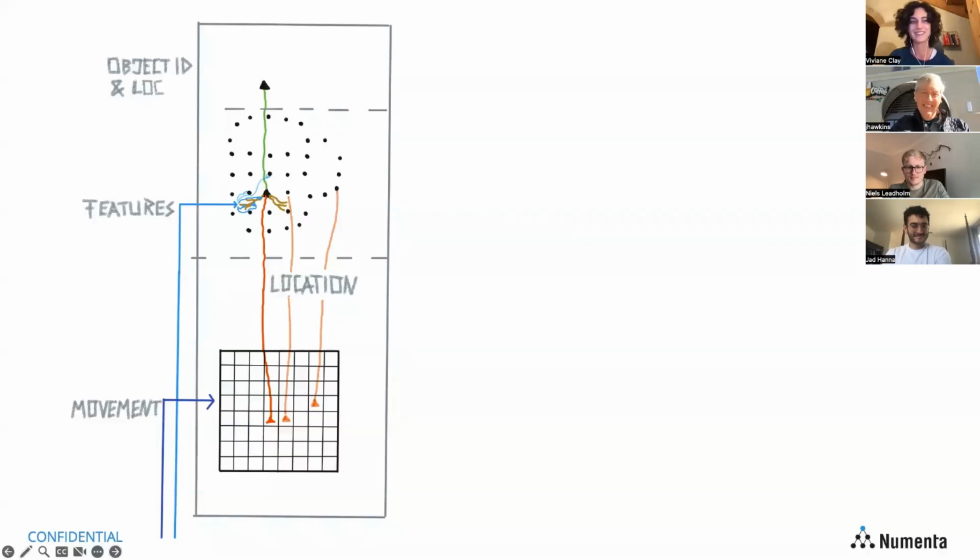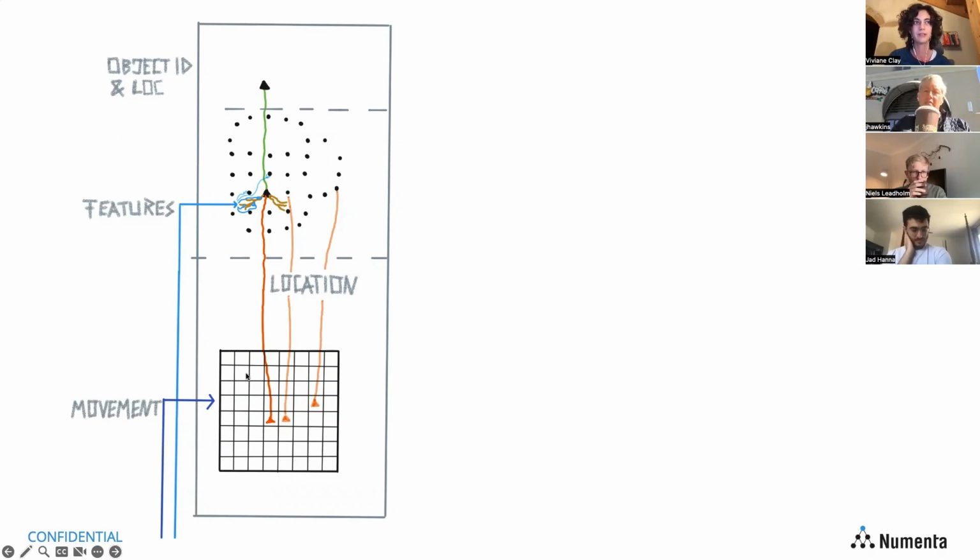Okay, I can show really briefly what I was thinking. This will also map onto the drawing I'm going to show next with the object models and having these location representations. Basically the idea is we have a movement signal coming in down here.